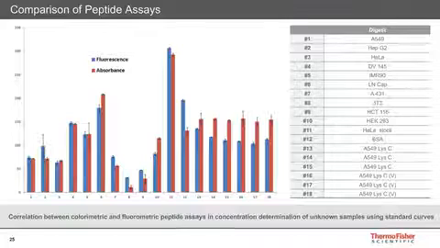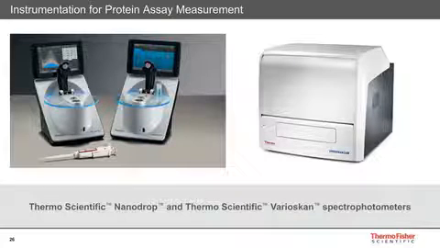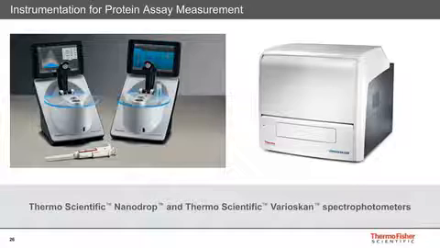The blue bar is the concentration of the digest obtained using fluorometric peptide assay, and the red bar is the concentration of peptides using the colorimetric peptide assay. So depending on what type of assay you choose, you can be assured of very similar results with both of our peptide assays.